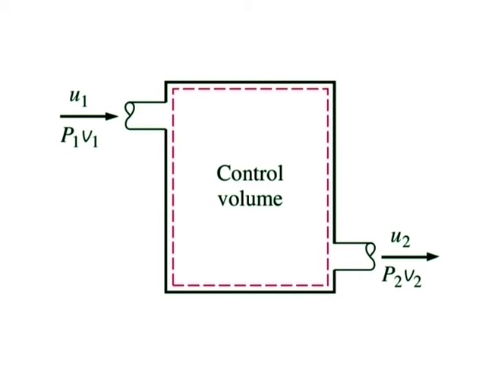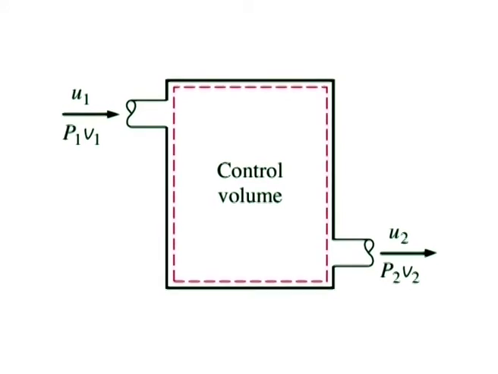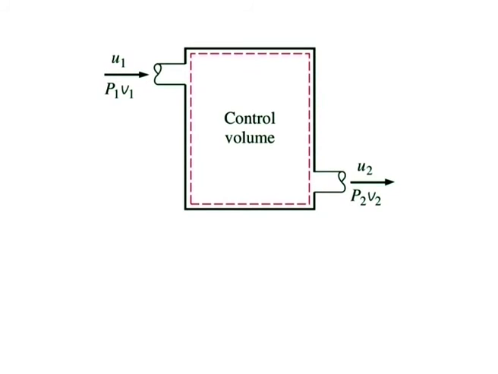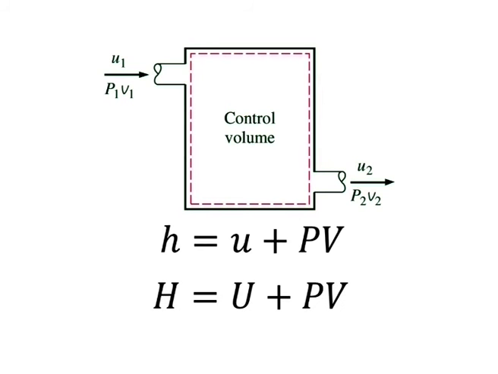For the sake of simplicity and convenience, this combination is defined as a new property called enthalpy, given the symbol H, and represented by the equation H = U + PV, or capital H is equal to capital U plus PV.